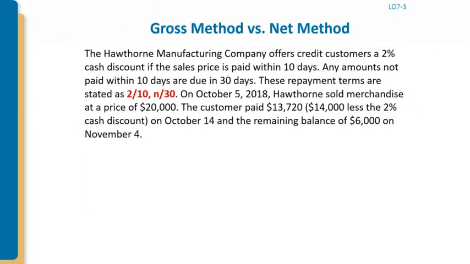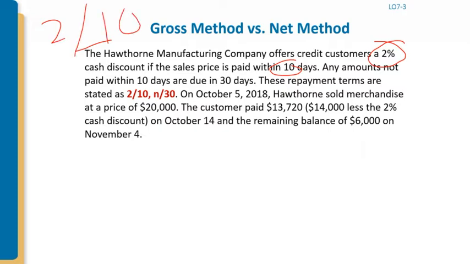So the gross method versus net method, here is an example. The Hawthorne Manufacturing Company offers credit customers a 2% cash discount if the sales price is paid within 10 days. It means that this is 2/10, okay.